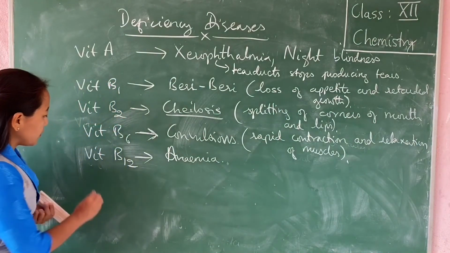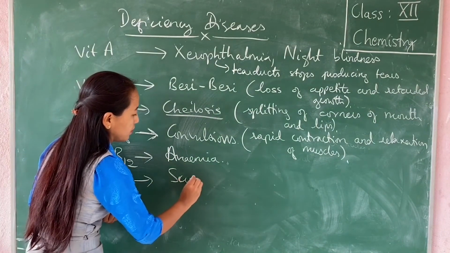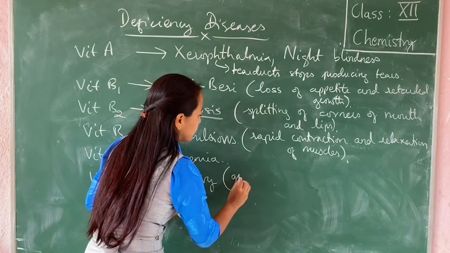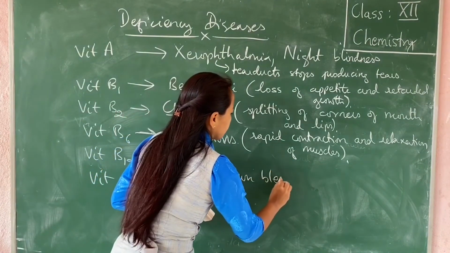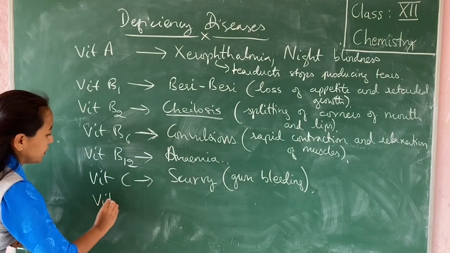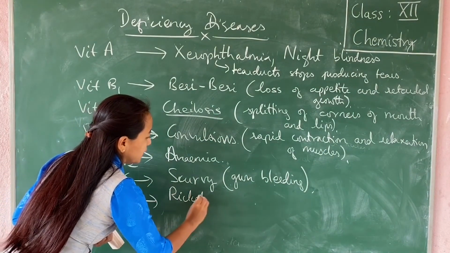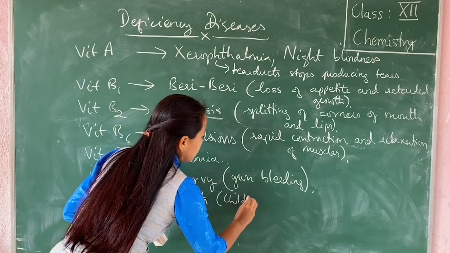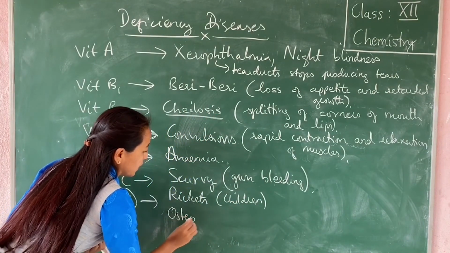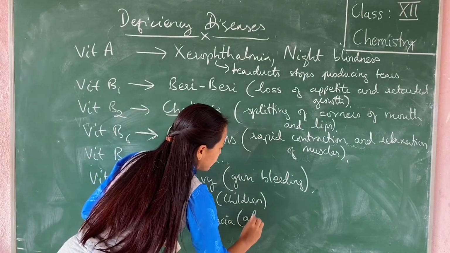Now the next one is vitamin C. It causes scurvy. You must be familiar with this, scurvy or gum bleeding. Okay, then you have vitamin D, deficiency of which causes rickets in children and osteomalacia in adults.